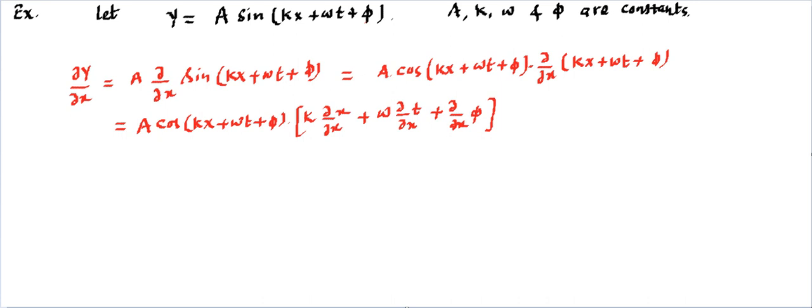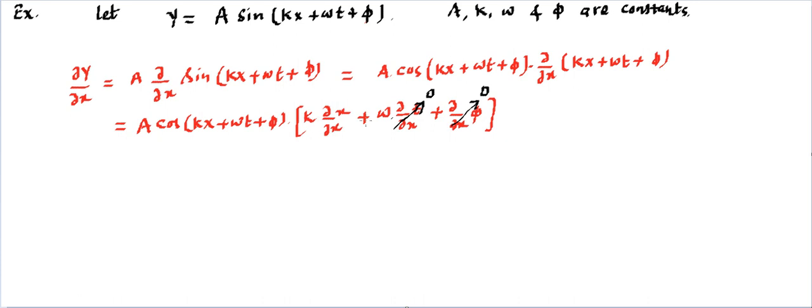So you'll find that the differentiation of t with respect to x will be treated as 0, because t is considered a constant, since there are two variables x and t. So when we are differentiating with respect to x, t has to be treated as a constant. Now phi is a constant, so this differentiation becomes 0, and this is going to be equal to 1 because differentiation of x with respect to x is 1.